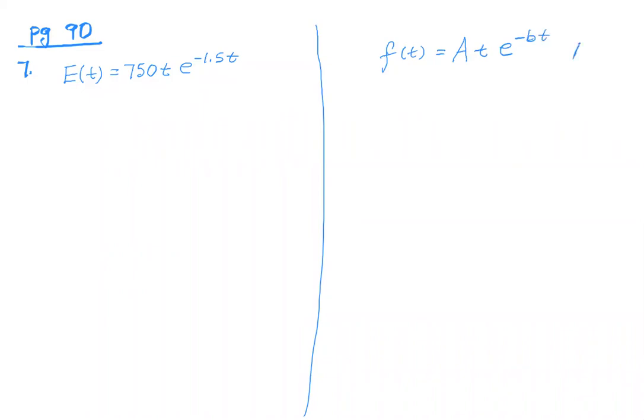A is greater than 0, B is also greater than 0. They are constants. So it's a product of a linear term and what do you call this? Exponential term.